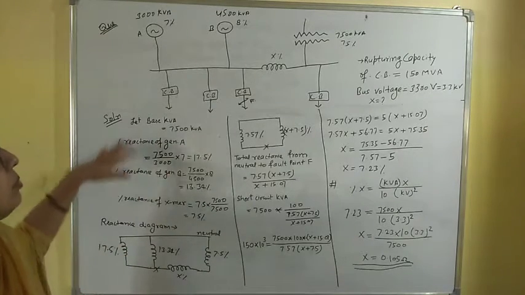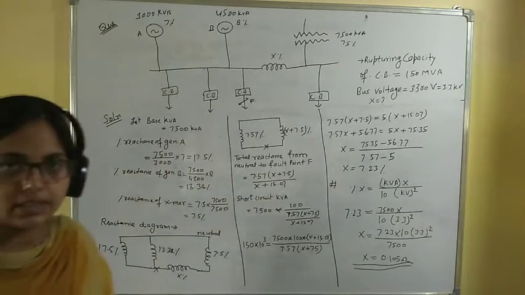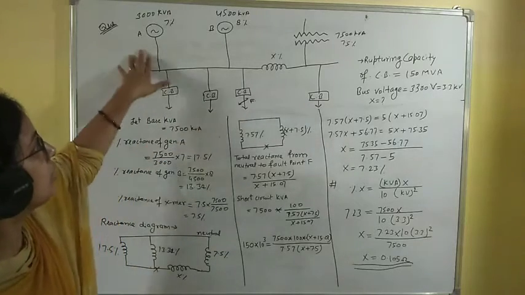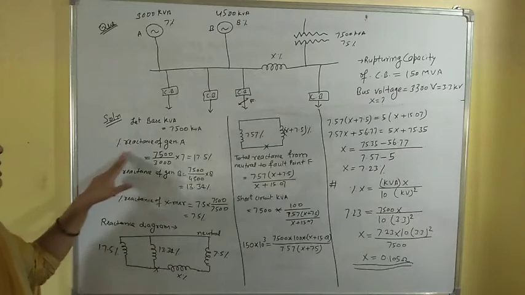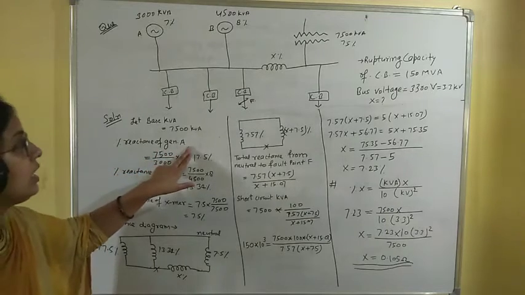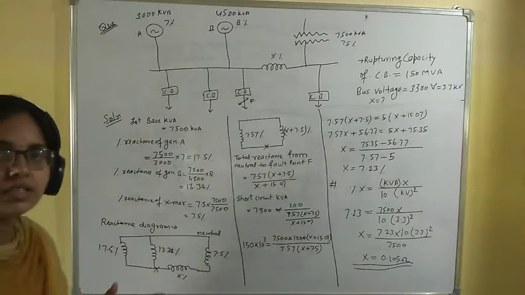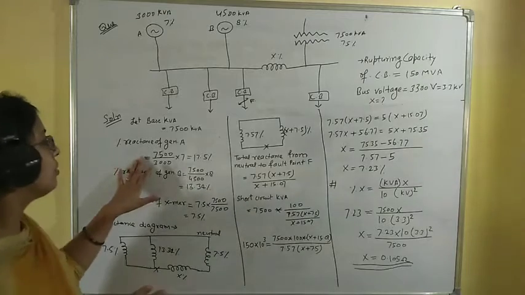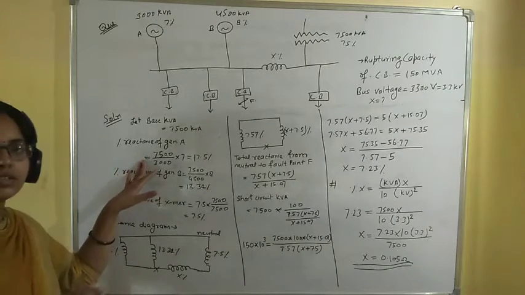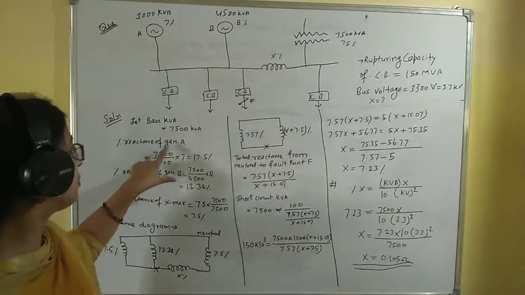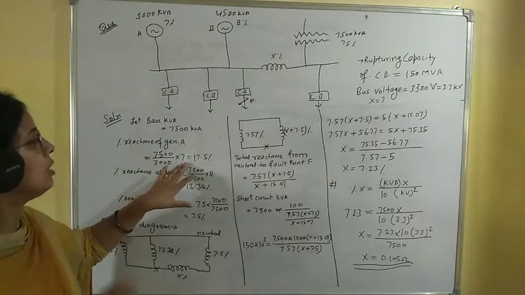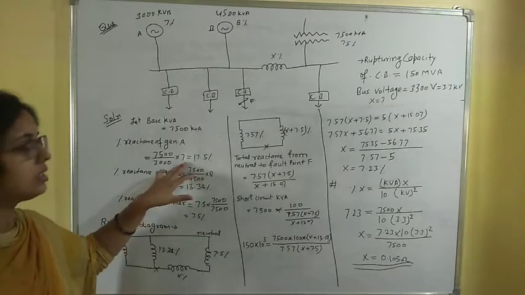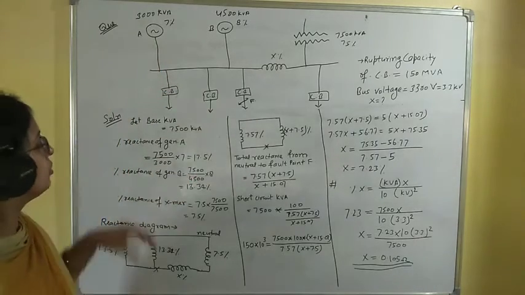Now calculate the percentage reactance of the different equipment at the base kVA. For generator A, the formula is base kVA upon rated kVA into percentage X on rated value.